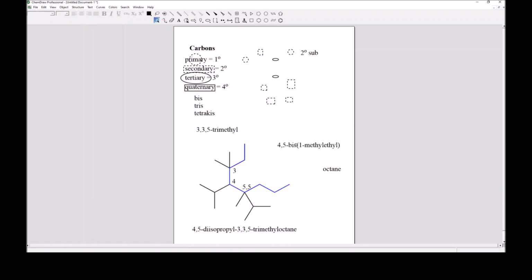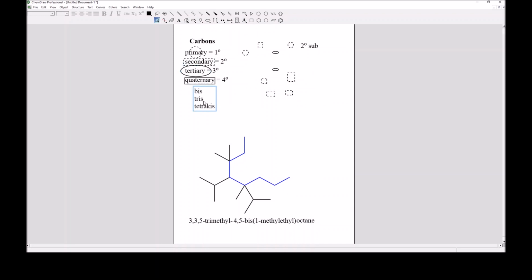The methyl alphabetically comes before a methyl ethyl. That feeds directly into your octane, and we need to put a dash right here. So this right here represents the name of this compound, and that's using systematic names and not common names.